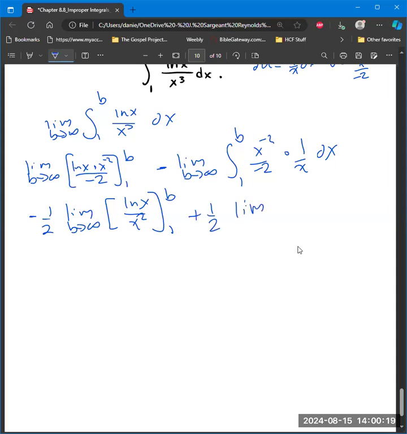Limit b goes to infinity, 1 to b, 1 over x to the third, or x to the negative third dx.